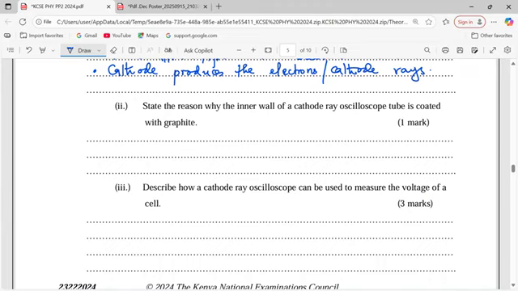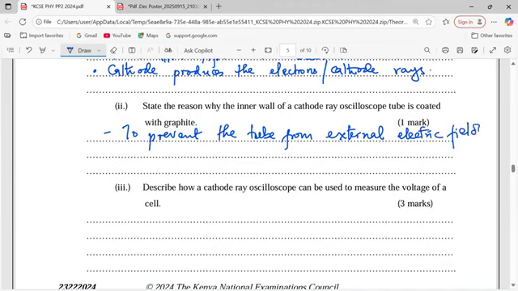State the reason why the inner walls of the cathode ray oscilloscope are coated with graphite. We know that graphite is a good conductor of heat and electricity. Therefore, there are several roles, and one of them is to prevent the tube, or the CRO, from external electric fields.